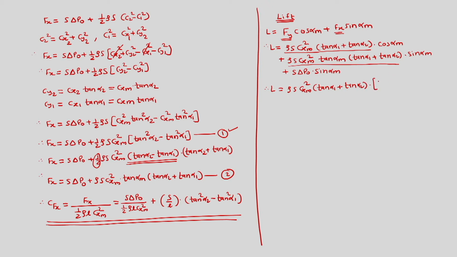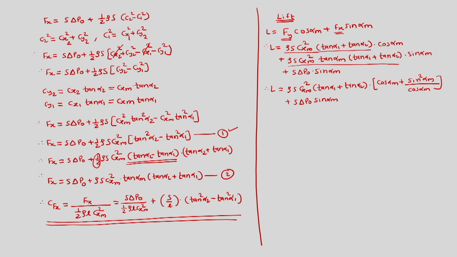Then we will have cos of alpha m plus sin square, so we have tan alpha m into sin alpha m. So, tan alpha m is equal to sin alpha m upon cos alpha m, so we will have sin square alpha m upon cos alpha m, plus S delta P naught sin alpha m.